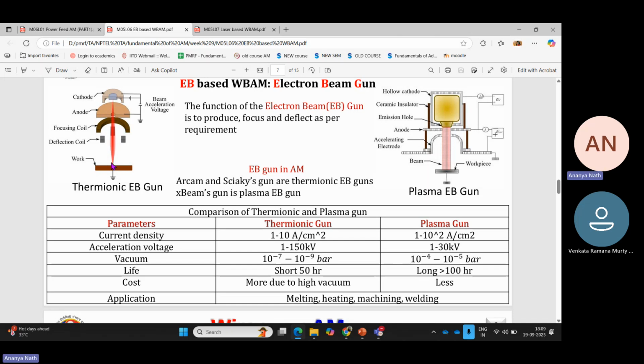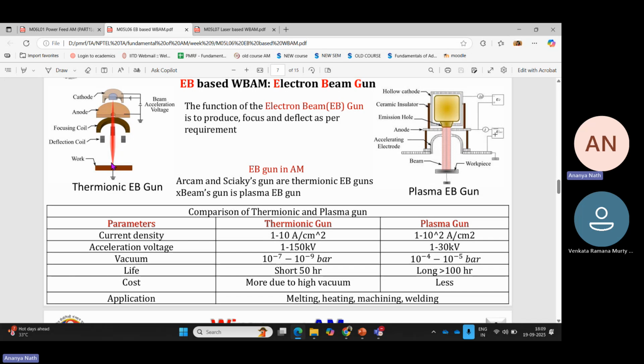Now, electrons are very light particles. So the presence of air in the chamber will not be helpful for the electron beam. The electrons may get repelled from air molecules and impurities present in the air, and they will not be focused on top of the build plate.